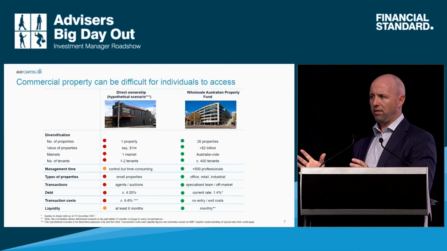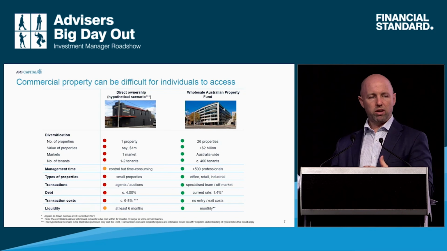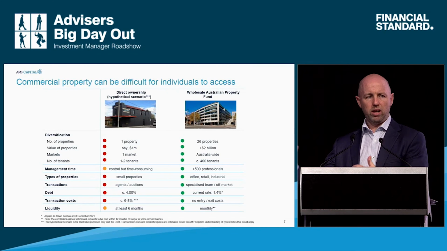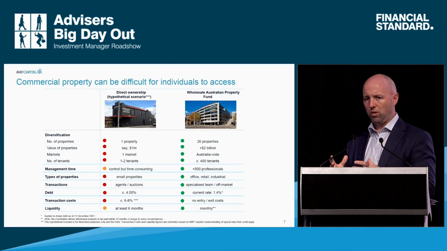Now the issue with, if you go into, say, a syndicate, that might get you a bit more diversification because you only have to put in, say, 100 grand or whatever the minimum is of the syndicate. But you're still only getting one property. You might get a few more tenants. And generally, those vehicles lock you up for a period of time, and they're leveraged.